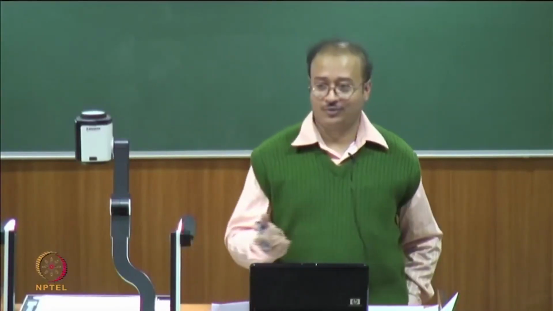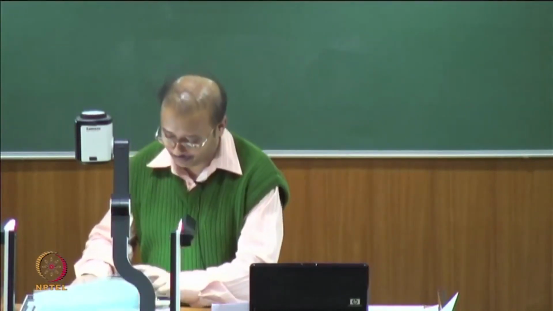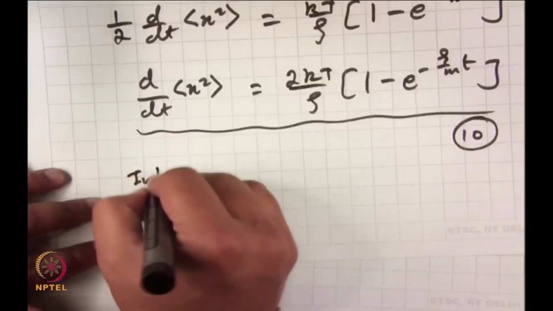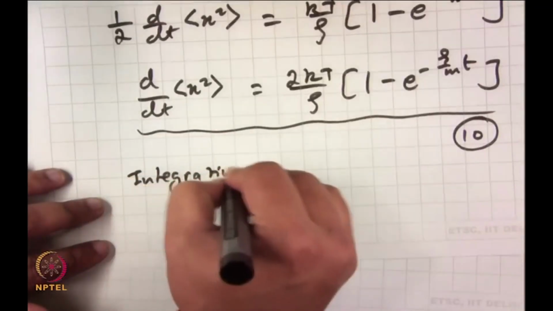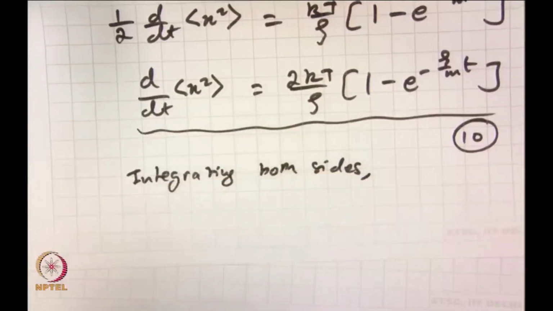So what do I do now? It's simple, we integrate with respect to time. So integrating both sides, what are the limits now? One is t equal to 0 and the other is t equal to infinity, because we are looking at very long times. What happens at a very long time interval and also at a short time interval, that is what we will look at.